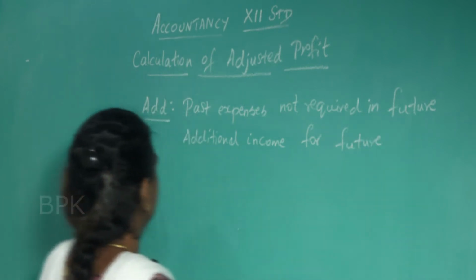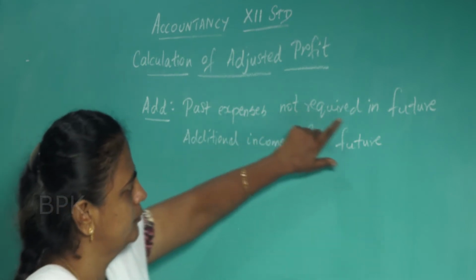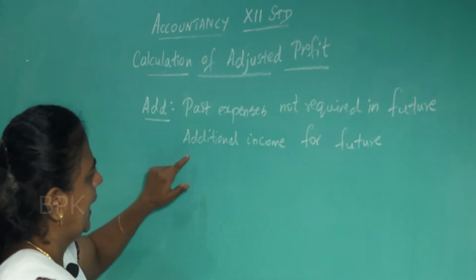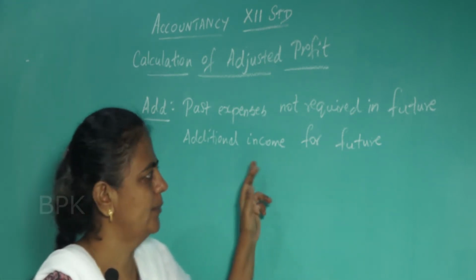These two items you have to add: past expenses which you don't require in future, and additional income, anything you are expecting to receive in future.